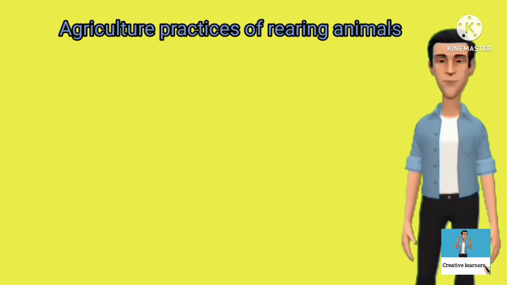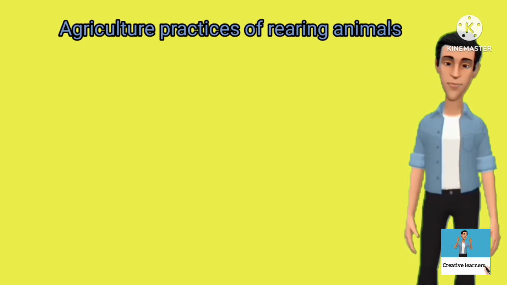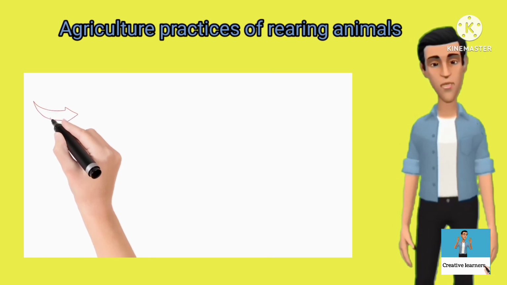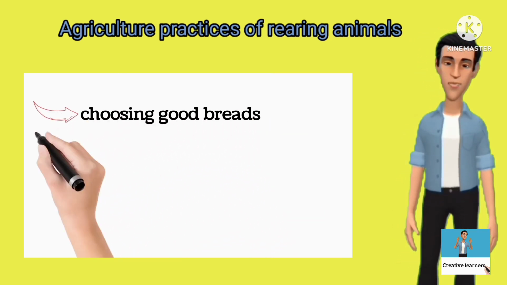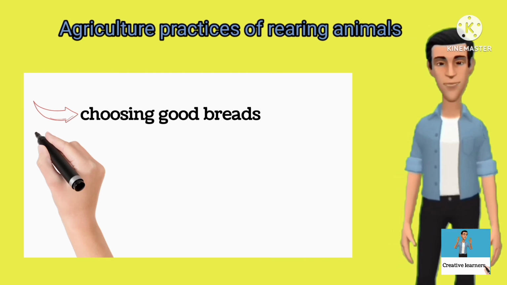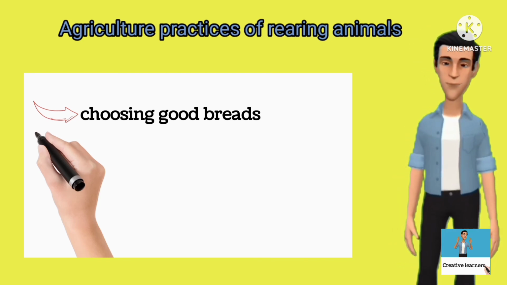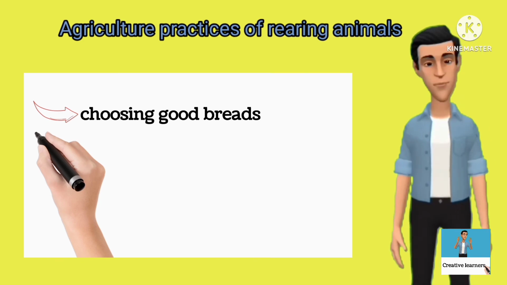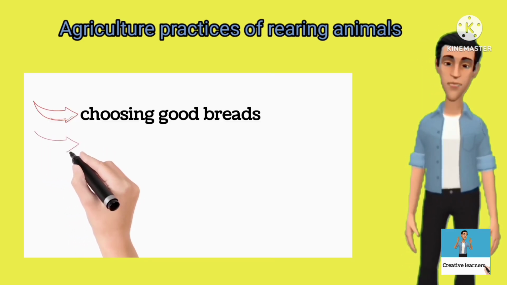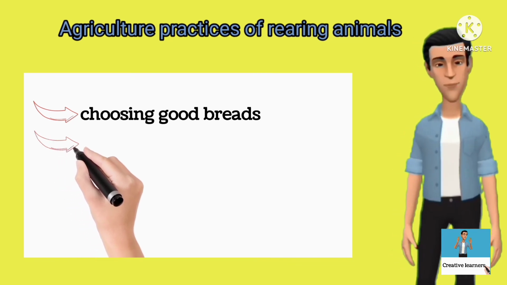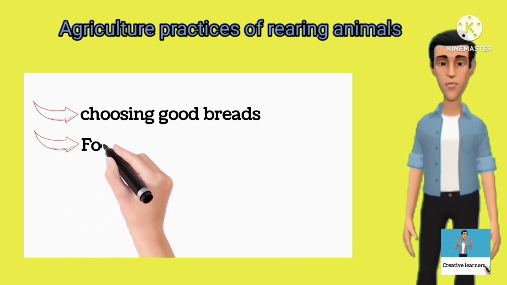Agriculture practices of rearing animals. Now our first step is choosing good breeds. As in crop production, choosing good quality seeds is important, in the same way choosing a good quality breed is important for good production. Next is food. Giving good quality food makes them healthy for good production.